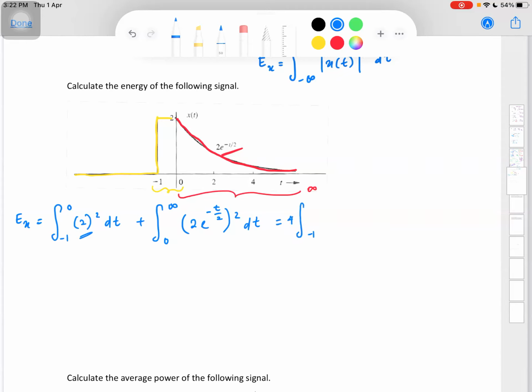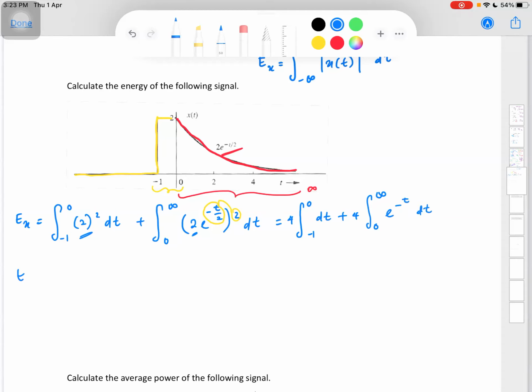We'll be left with the integral from -1 to 0 of 1 dt, plus here also we have the constant to the power of 2, which will be 4, from 0 to infinity, and then if we multiply the exponent by 2, we will have e to the minus t dt.